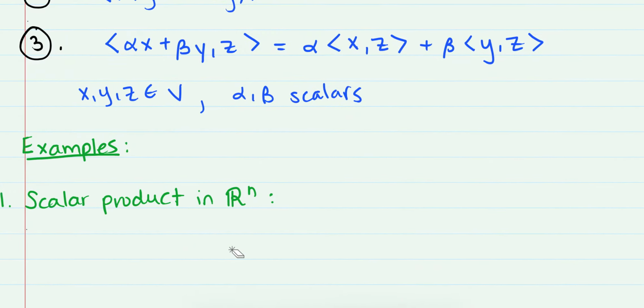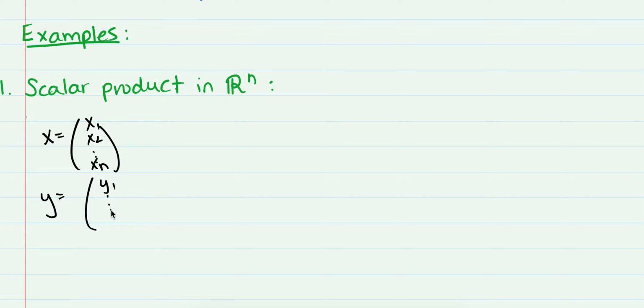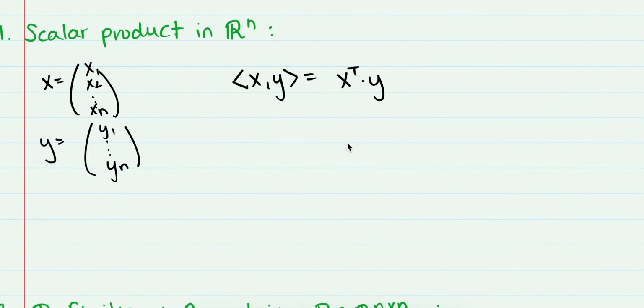Let's look at some examples of inner product spaces. The first example is just the scalar product in Rn. So for x equal to x1, x2, all the way to xn, and y equal to y1 through yn, the scalar product is defined as x transpose times y. Now we can check all of these properties.